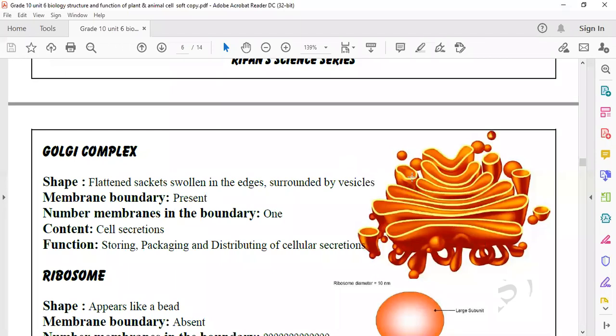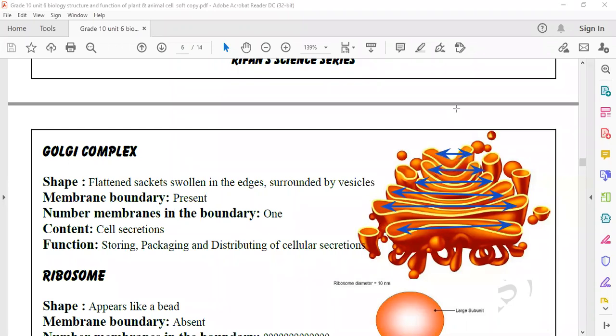Okay, right. Now say, can you see that in the Golgi there are several flat structures, one over the other?